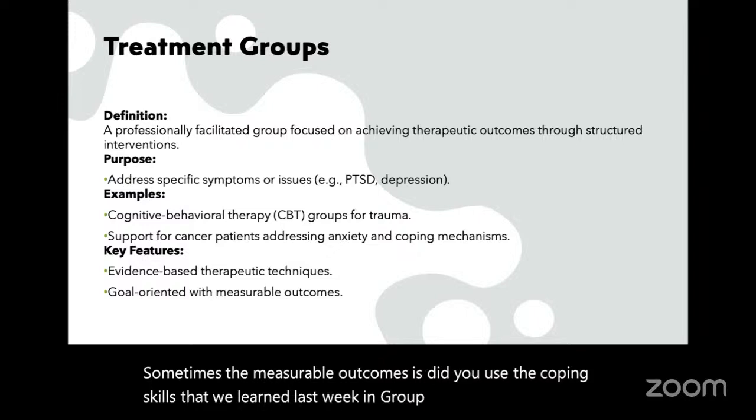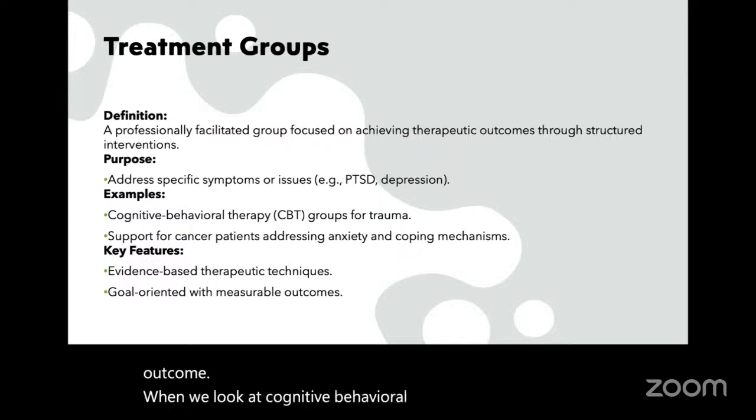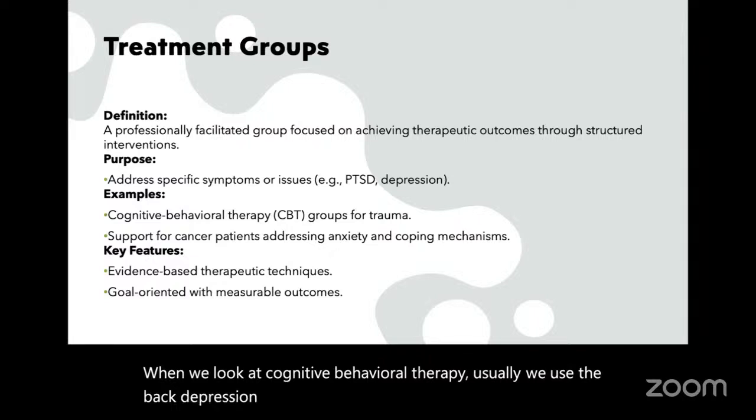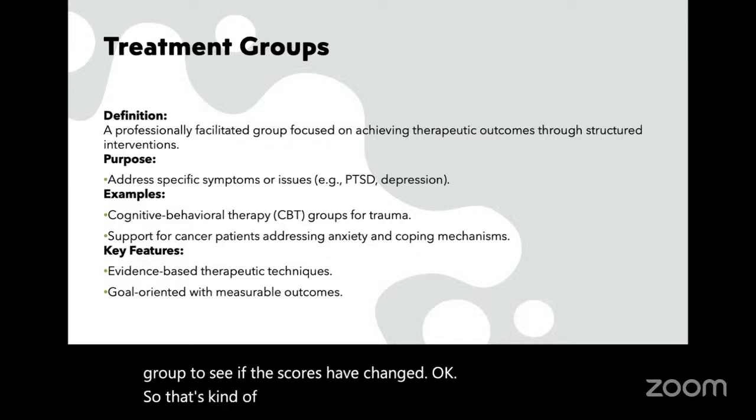That's a measurable outcome. When we look at cognitive behavioral therapy, usually we use the Beck depression inventory at different stages of the treatment group to see if the scores have changed. Okay. So that's kind of the notion behind a quote unquote treatment group.